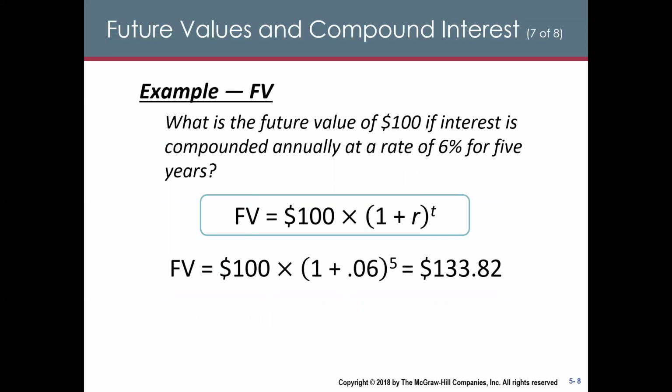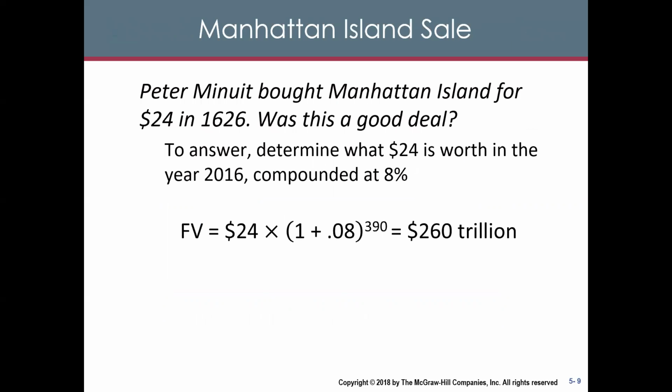Okay. So last, just to give you an example to demonstrate the power of compounded interest. Okay. So Peter Minuit bought Manhattan Island for $24 in 1626. And suppose the interest is compounded at a rate of 8%. So in the year 2016, what's the future value as of today?